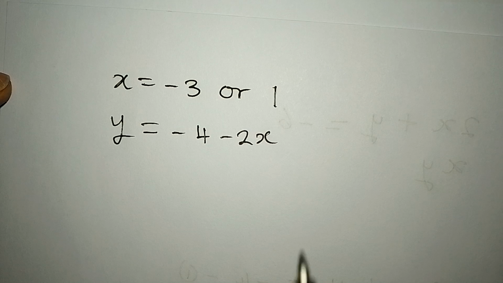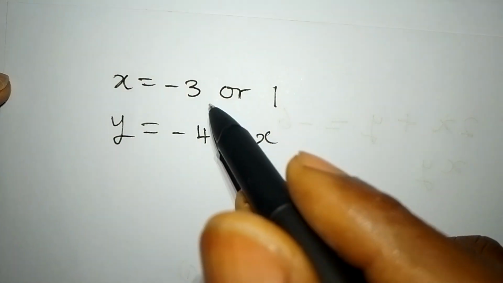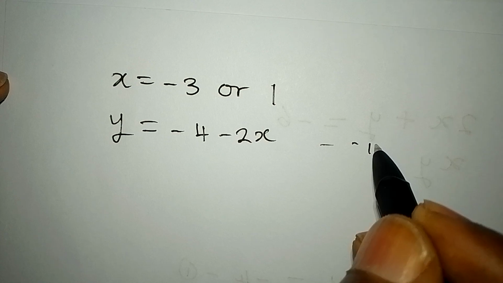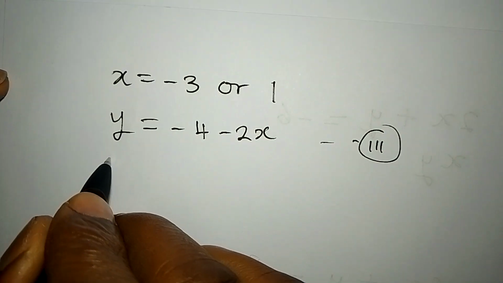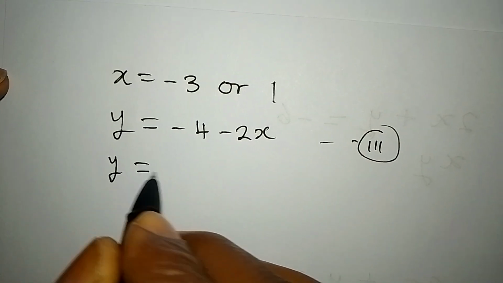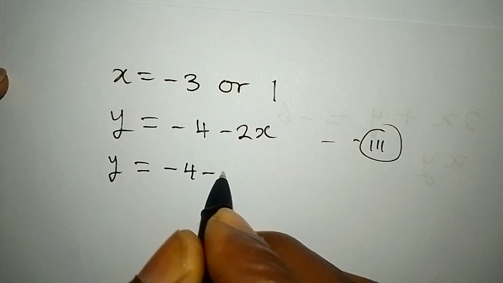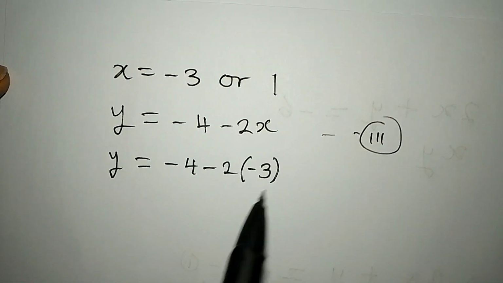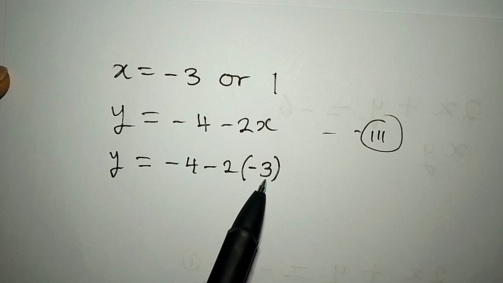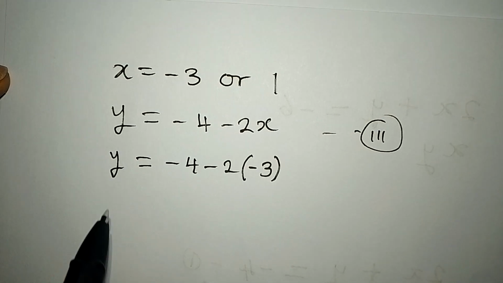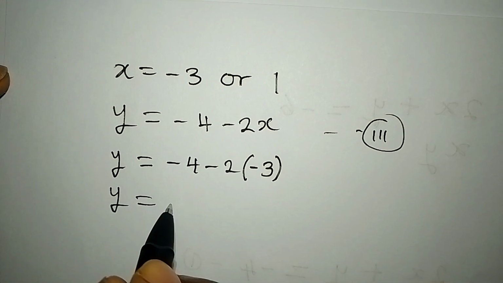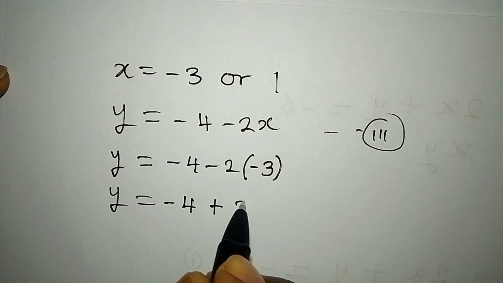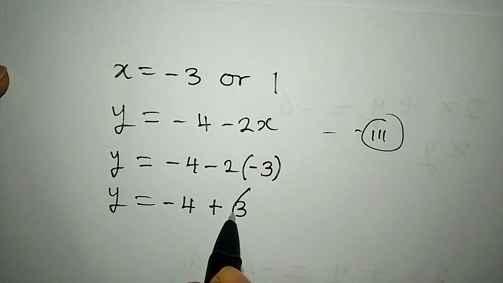So what we are going to do now is to substitute this value into equation 3. Remember, this is our equation 3. So this means that y will be equal to minus 4 minus 2 times negative 3, because this time around, we are using x as negative 3. So y will be equal to negative 4 plus 6.